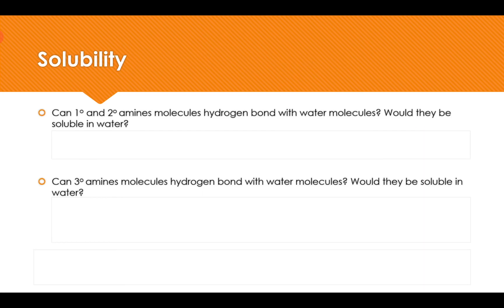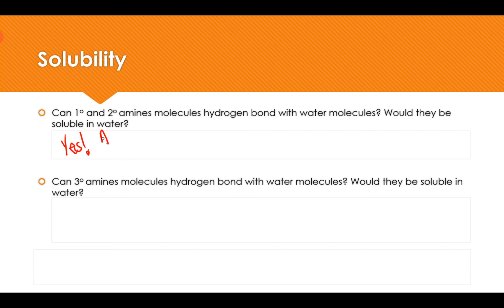Now let's think about solubility. When we think about solubility, we have to think of the ability for these molecules to combine with water. Water is our generic solvent. Can primary and secondary amine molecules hydrogen bond with water? Would they be soluble in water? Yes, they can. They can hydrogen bond to themselves, so of course they can hydrogen bond with water.